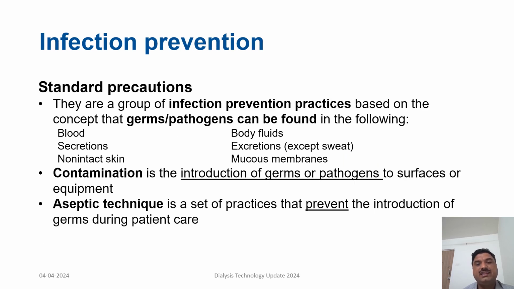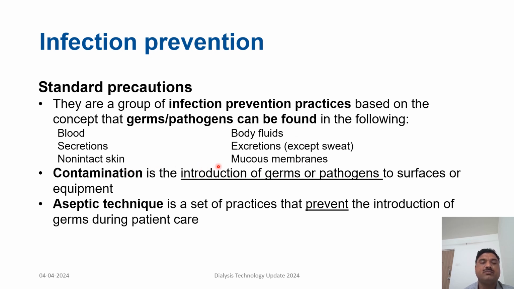Now, understanding the spread of infection, one must protect from getting infection. Infection prevention involves a group of practices called standard precautions. These standard precautions are based on the type of germ or pathogen found in the particular reservoir.